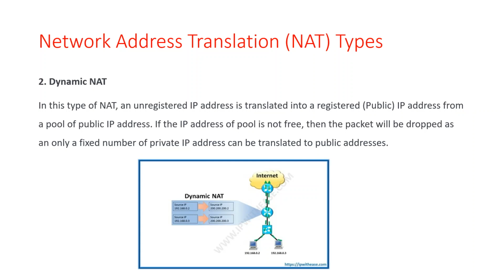The public IPs are 200.200.200.2 and 200.200.200.3 respectively. So here we are translating our private IP addresses by using network address translation and converting them into public IPs through the routers.